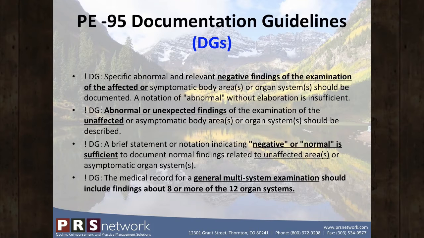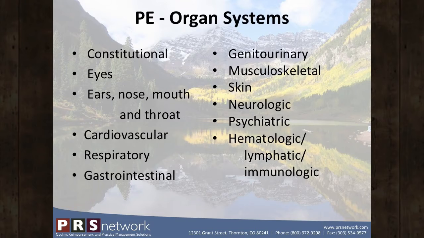Now, pay close attention. It says organ systems, not body parts, as it says up here, that you could document on body areas or organ systems. For the general multi-system exam, it's only organ systems. And here are your 12 organ systems.